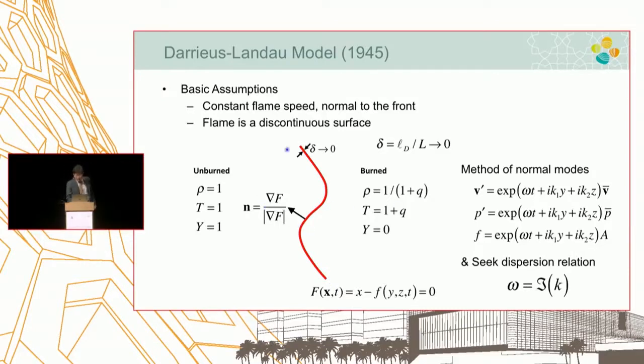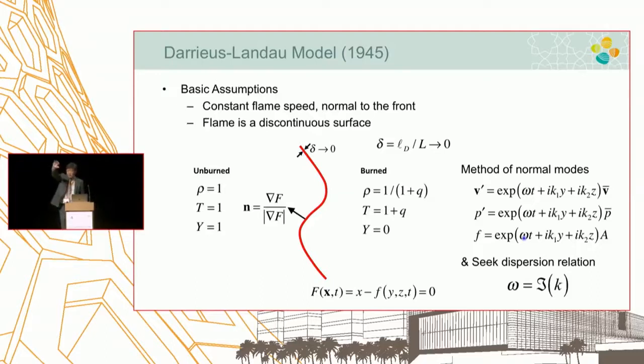The main objective of this kind of theoretical analysis is that when the base solution of the flame is flat, you try to perturb it by the method of normal modes, that's what we call it. With some wave number, you can determine the size of the wrinkle and see how that perturbation amplitude, F, grows over time.